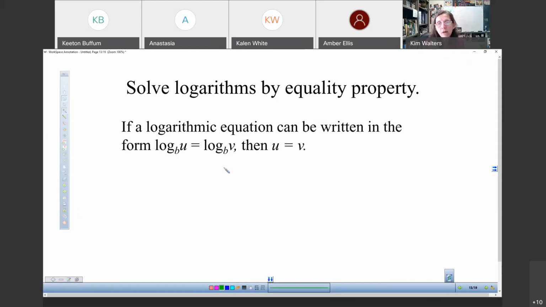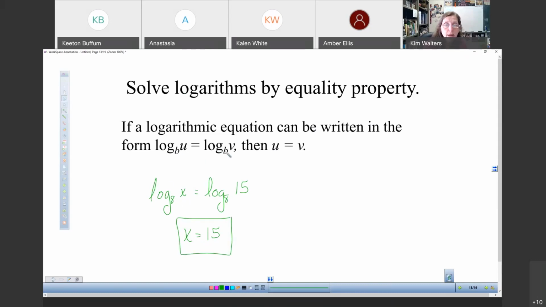But very simply put, if I have log base 8 of x is equal to log base 8 of 15, then x would have to be equal to 15. That's just about as simple as we can make it, okay?